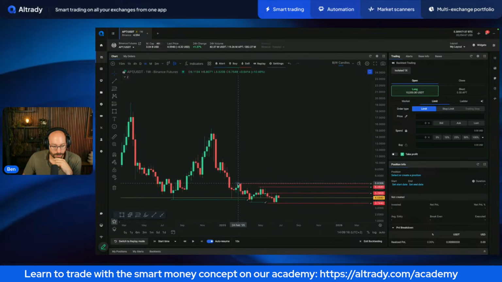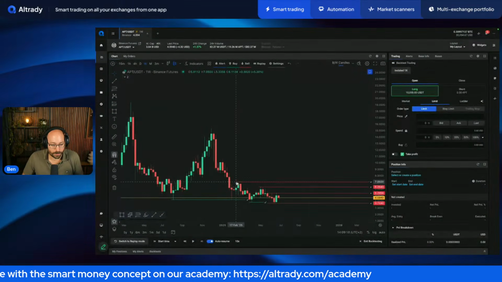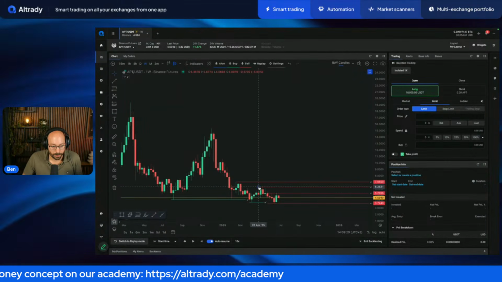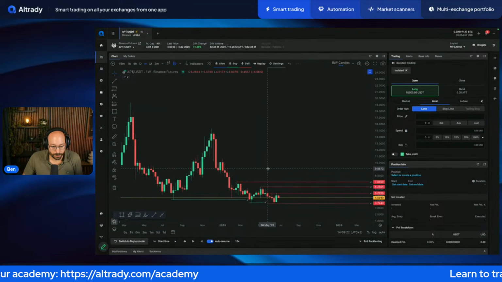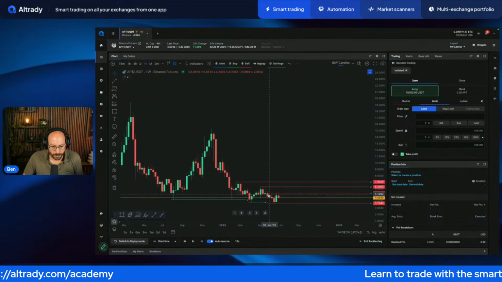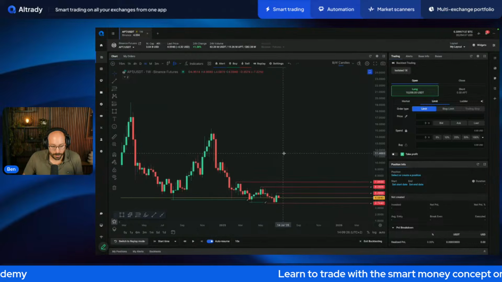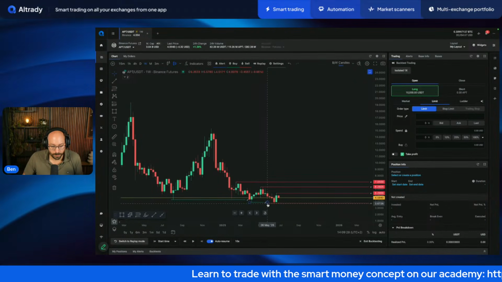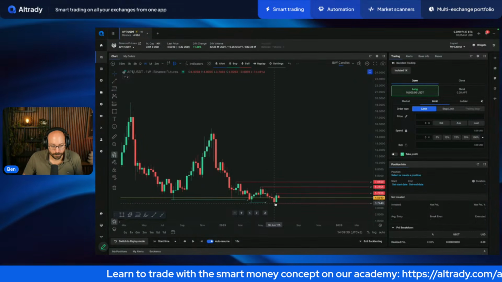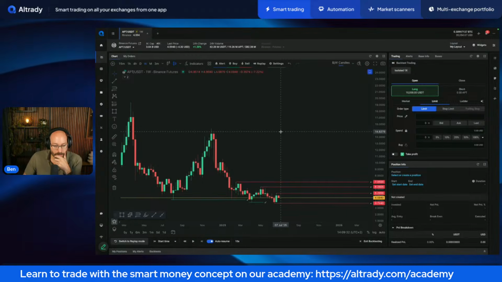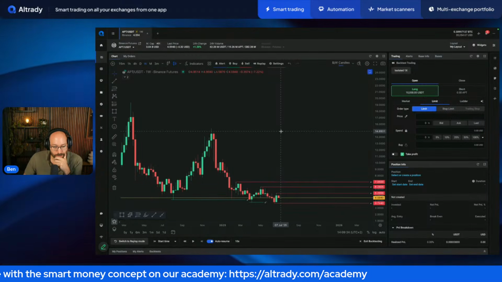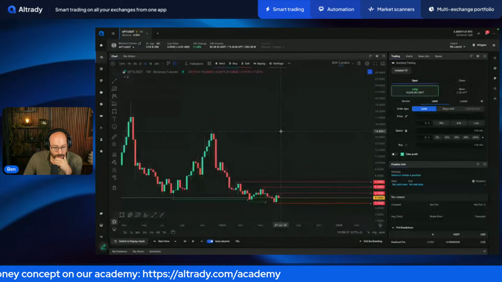Do I need to adjust any of the targets? Well, I can put that one there, that one there, and this one can be there. I don't see any fair value gaps anywhere soon.